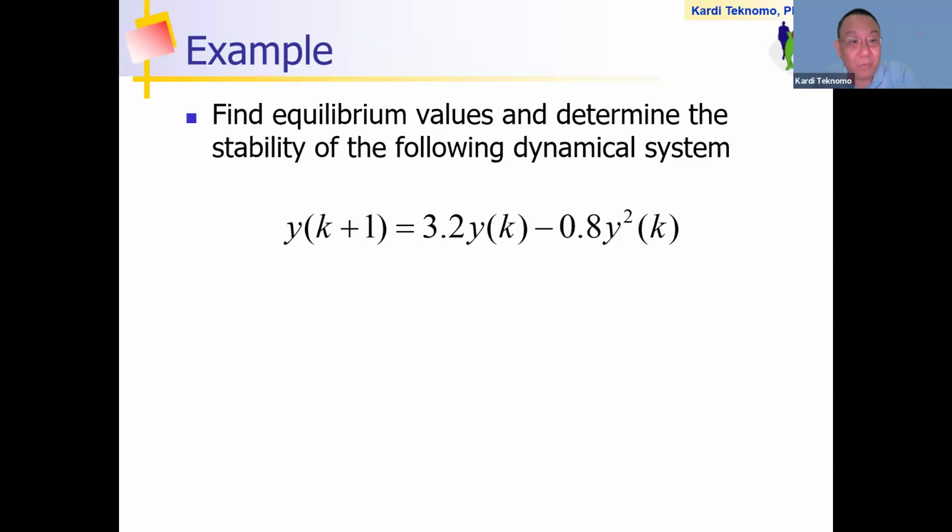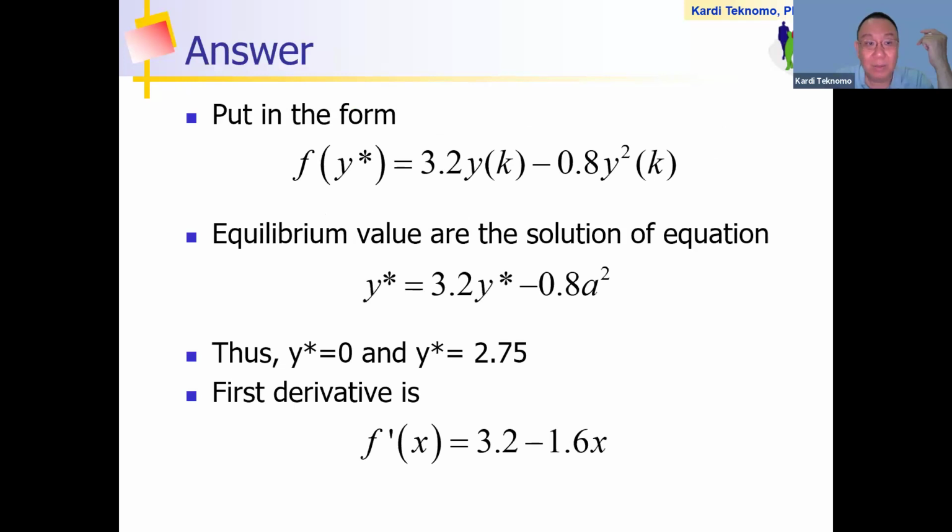So I give you an example here. Suppose this is your dynamical system. We want to compute the equilibrium first, and then we compute the stability. This is the equation, and we put it into this form, right?